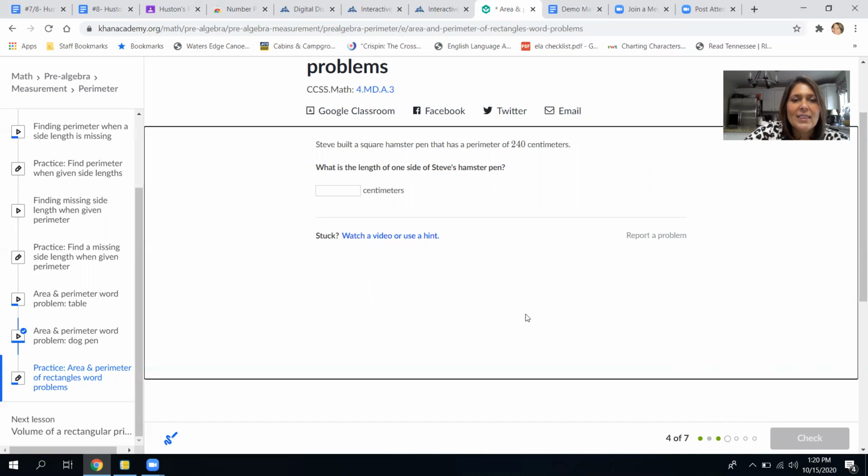Okay, let's try one very similar to the dog pen one. Here goes. Hey, that 240 just keeps haunting us, doesn't it? Steve built a square hamster pen that has a perimeter of 240 centimeters. What is the length of one side of Steve's hamster pen?